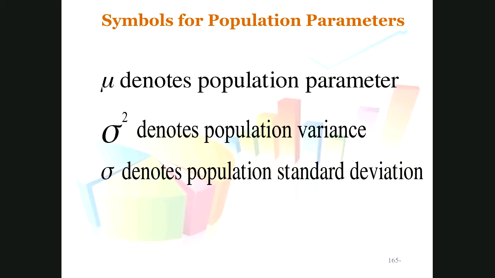And when you take the square root of the variance, you get the population standard deviation, which is just sigma. And usually in statistics, people don't really use the variance that much. They use it basically to figure out what the population standard deviation is, because that is what you're measuring against.